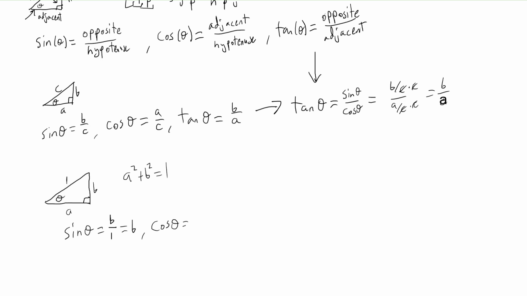Similarly, cosine theta is going to be the adjacent side, or a, over the hypotenuse, which is 1, and so it's going to be a. So if we take those values and plug them in there, then we get sine squared of theta plus cosine squared of theta is equal to 1. And that's true in general. That's always going to be a true statement.